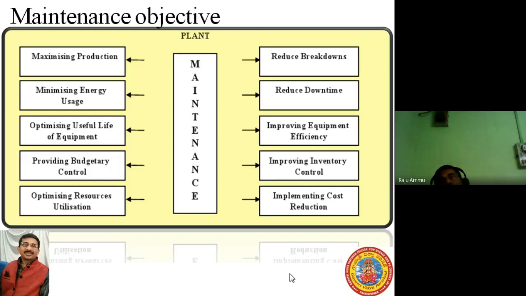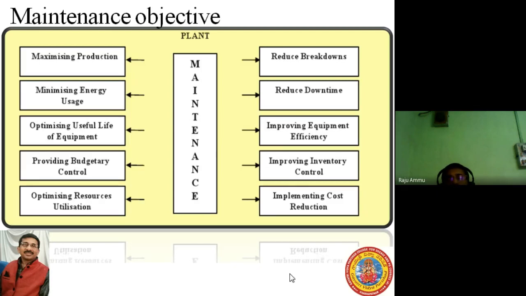You can forecast your EOQ levels, and you can also determine your maximum level, your minimum level, your safety stock. You can also forecast your reorder level, and accordingly you can go ahead because your plant is maintained properly.